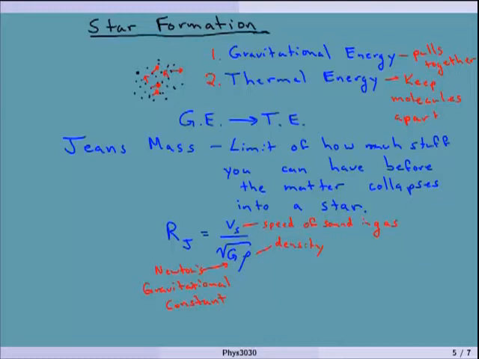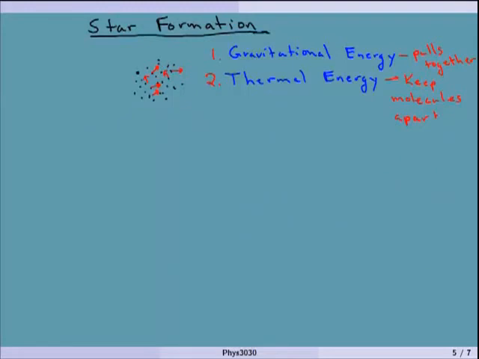But now you have this big chunk of matter up here, and there are still other molecules coming in. As those come in, you have more gravitational energy because you have more mass, and then you have more thermal energy because the stuff is heating up more, and it's still trying to balance out.